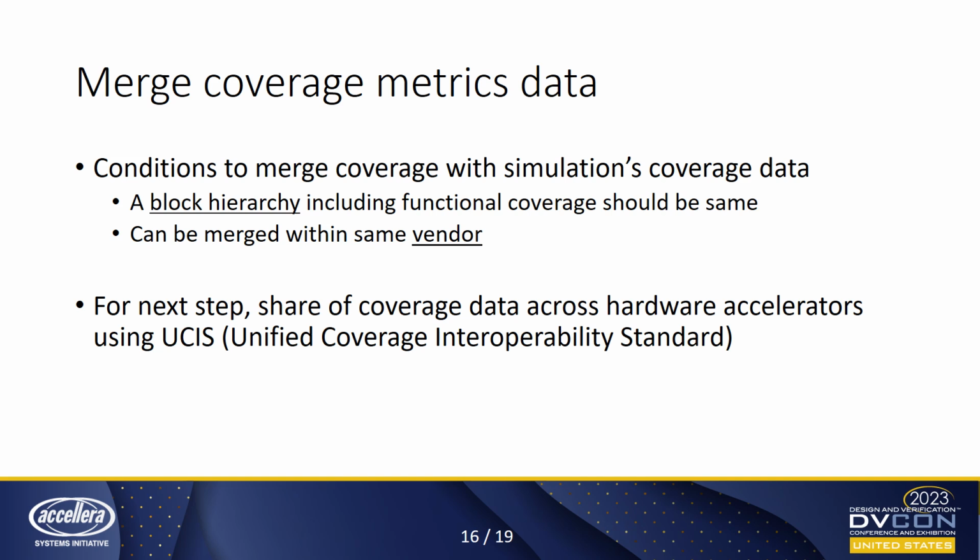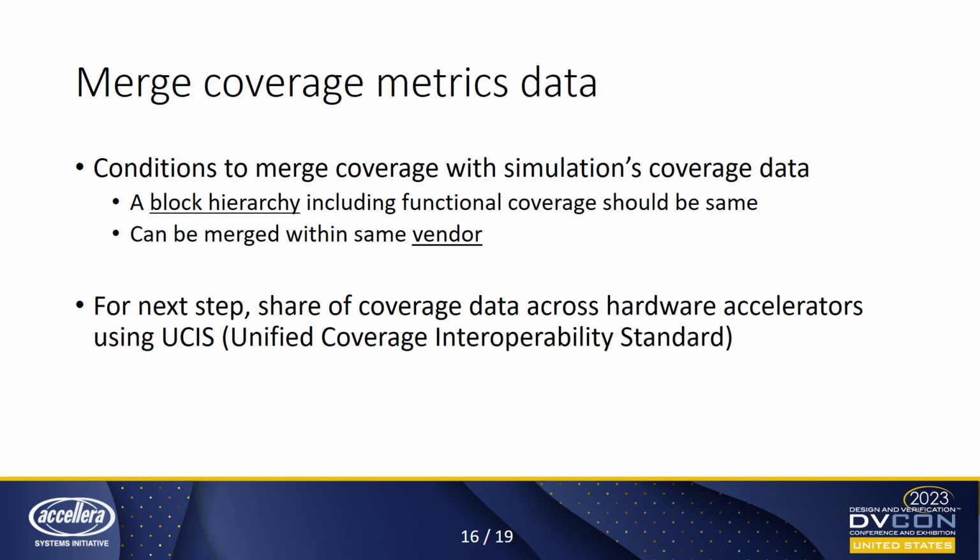To overcome the second condition, we have a plan to study the UCIS standard as a next step. This standard supports an API by which coverage data across the hardware accelerator and simulation can be merged.